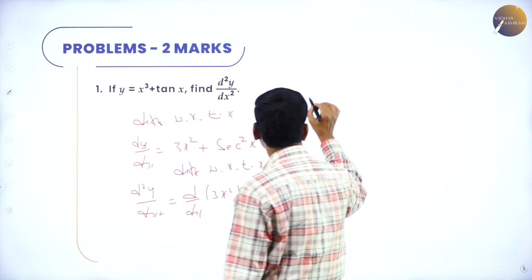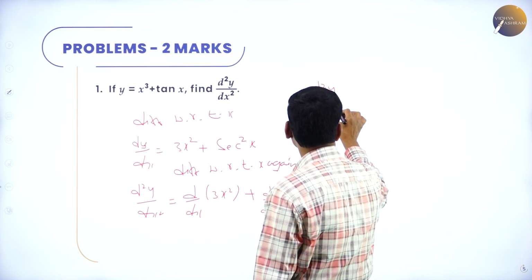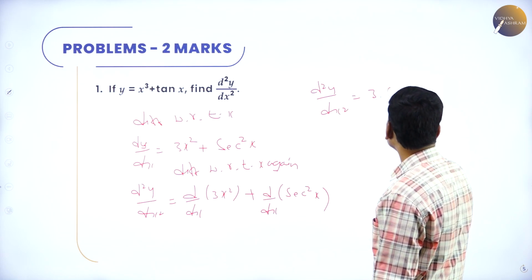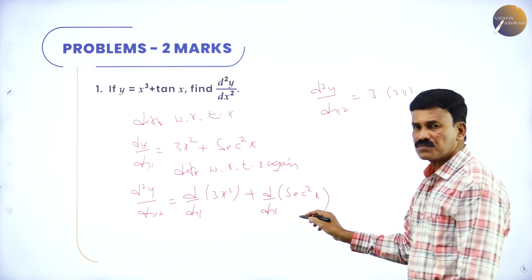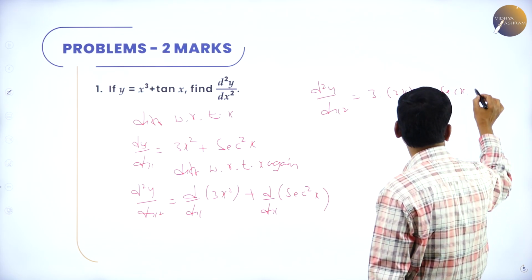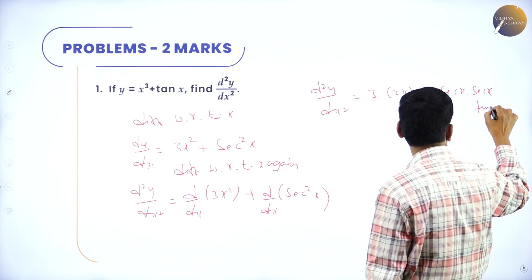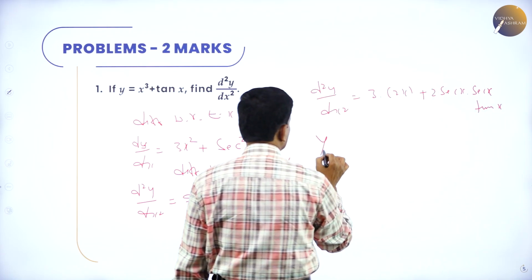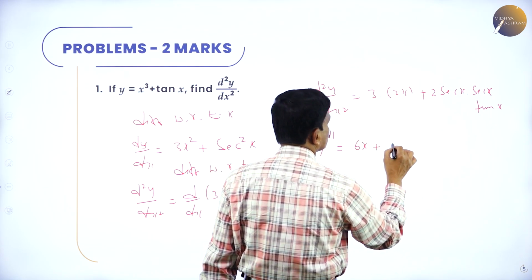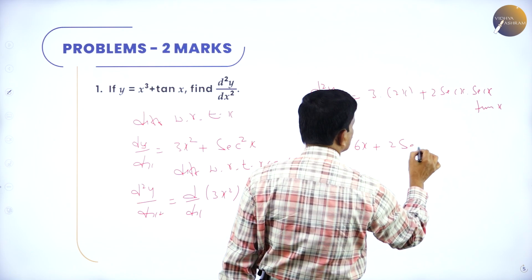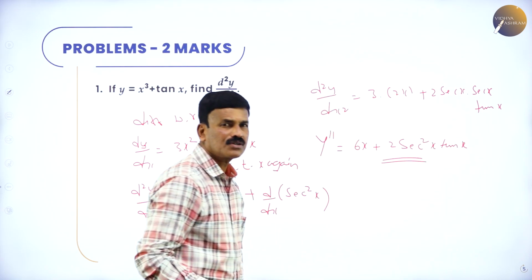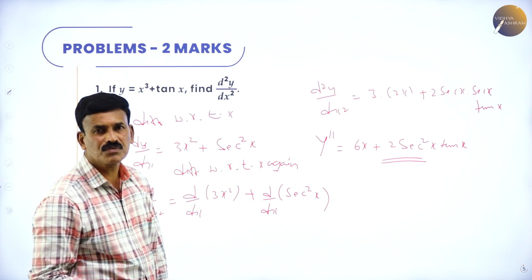Now this can be written as d square y by dx square is equal to 3 constant, differentiation of x square is 2x, plus again this is a function of a function, n is 2, secant x into differentiation of secant x is secant x into tan x. So therefore we can write y double dash, d square y by dx square, is equal to 6x plus 2 into secant square x into tan x.